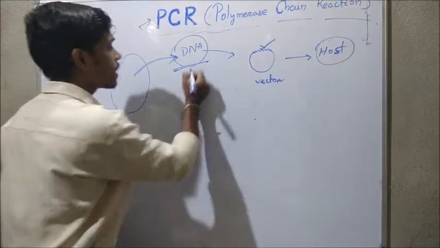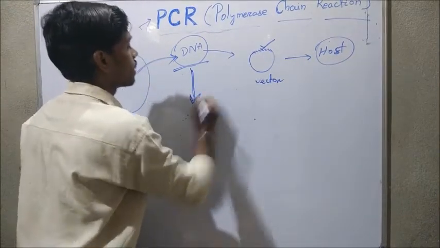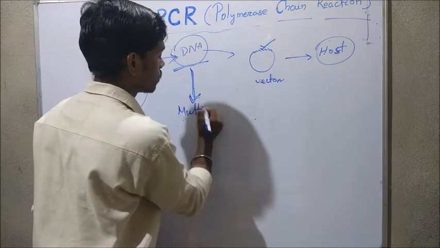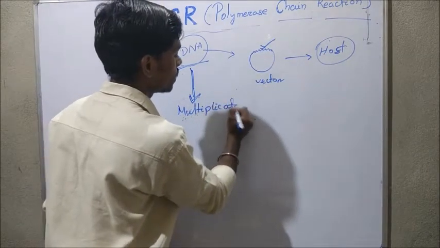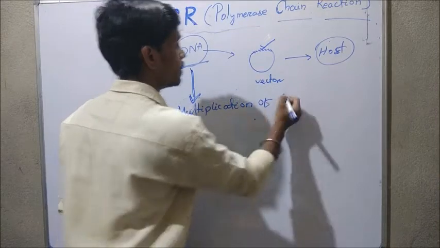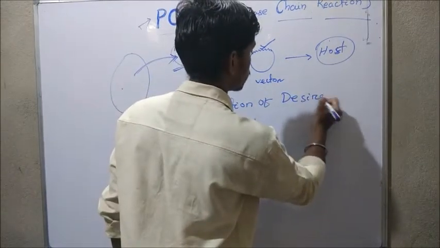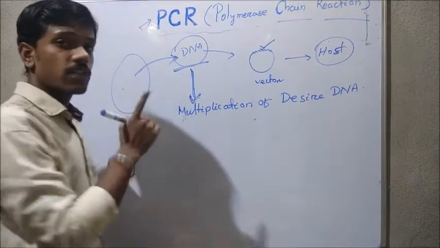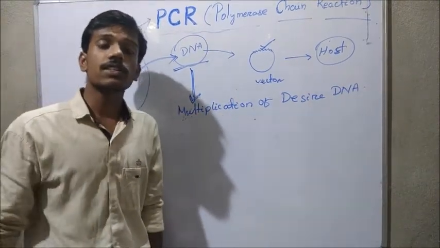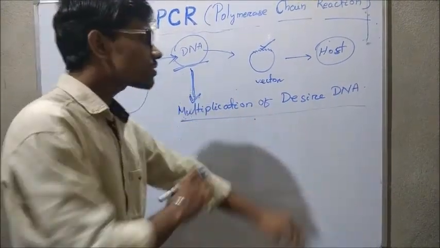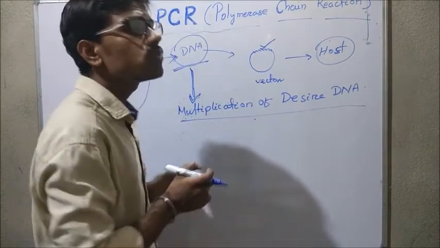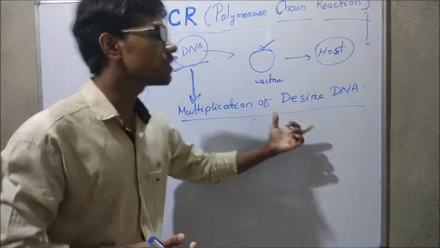So PCR is dealing with the multiplication of the desired DNA. Desired DNA means the gene of interest, the gene which we want.